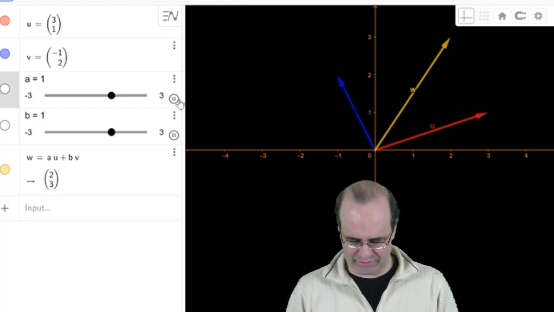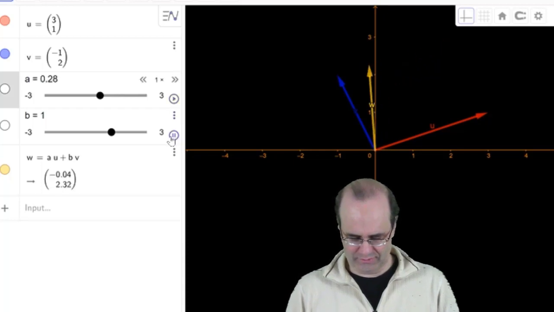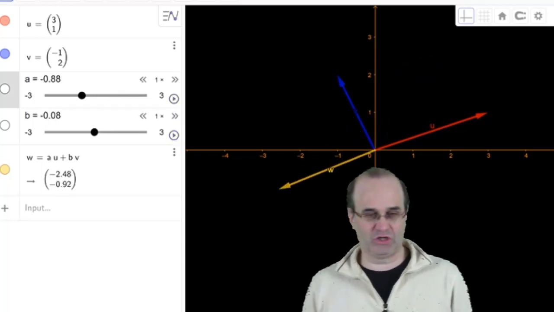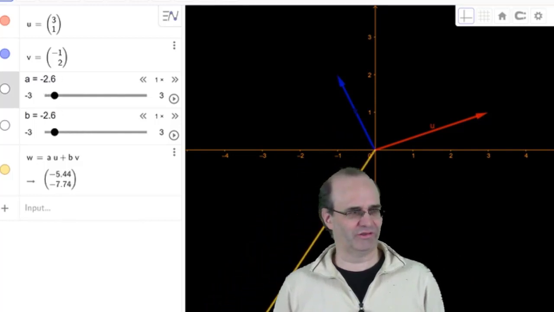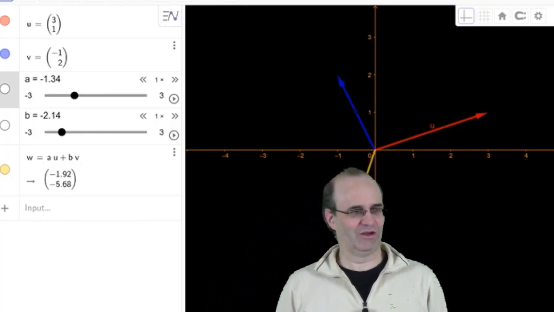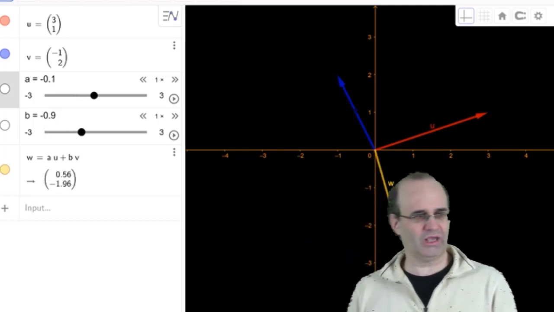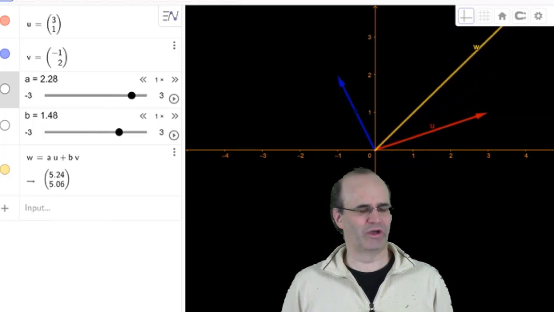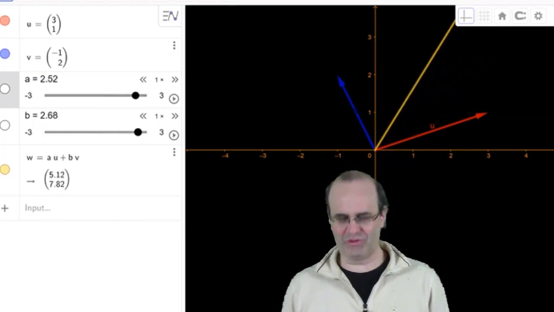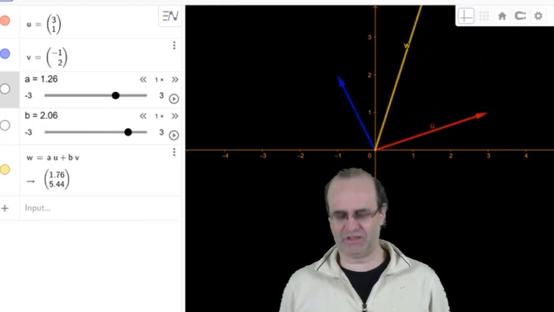I can start giving them some values like this, and you see that w will move around the plane, in various directions. It seems to be going around the origin, stretching, shrinking, etc.